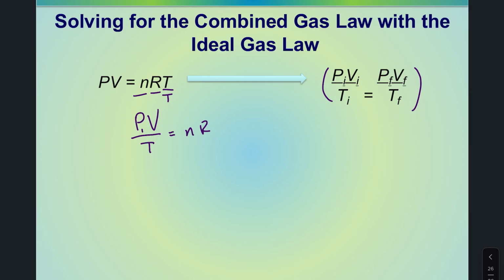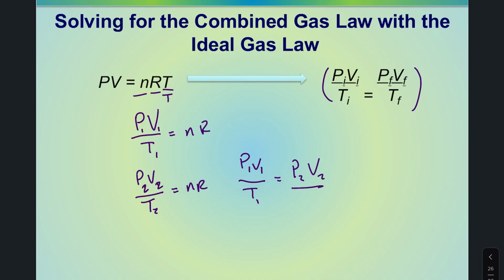We'll set that to 1, 1, and 1. That means that P1V1 over T1 equals NR, and P2V2 over T2 equals NR as well. So P1V1 divided by T1 equals P2V2 over T2.